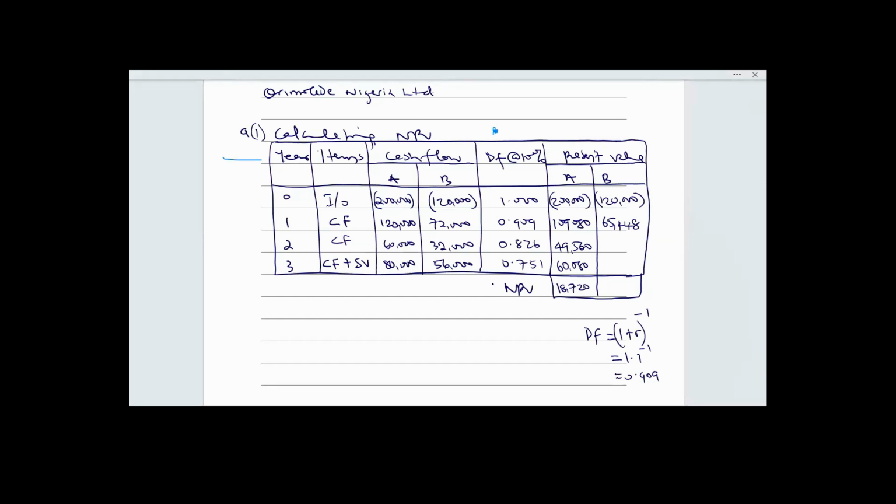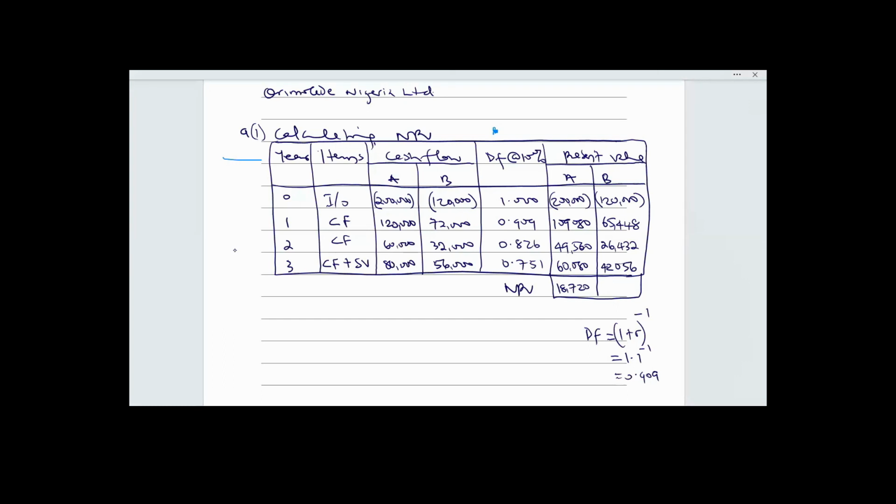Then for year 2 cash flow, this is 32,000 multiplied by 0.826 equal 26,432. Let me write this one. Then year 3, 56,000 multiplied by 0.751 equal 42,056.